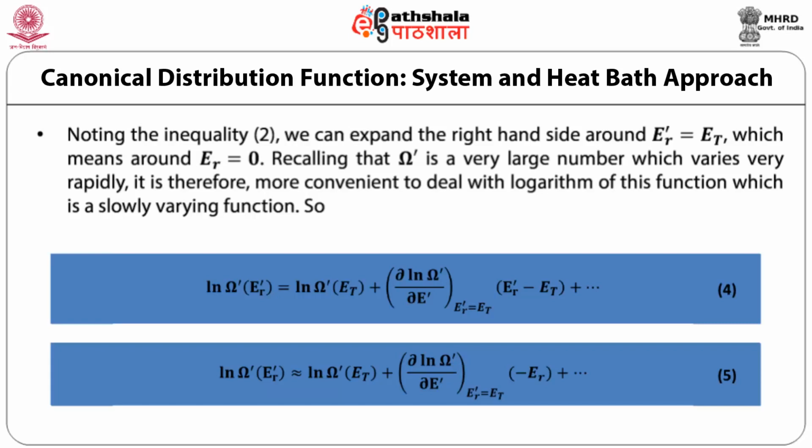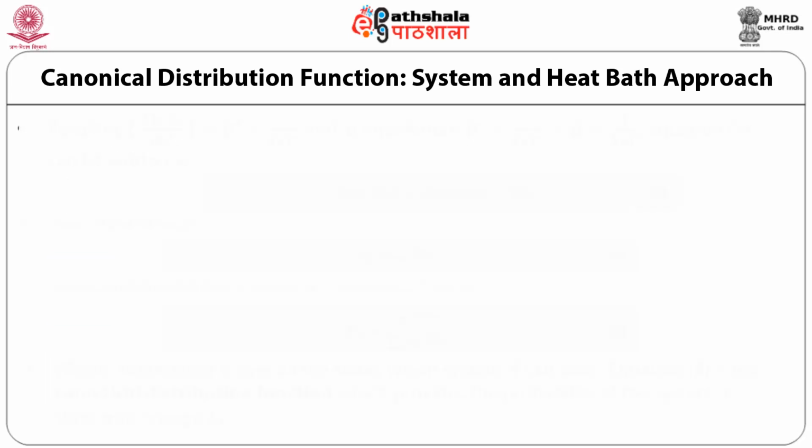This gives log Ω'(ER') approximately equal to log Ω'(ET) plus the partial derivative of log Ω' with respect to E' evaluated at ER' equal to ET, multiplied by (−ER), plus so on.